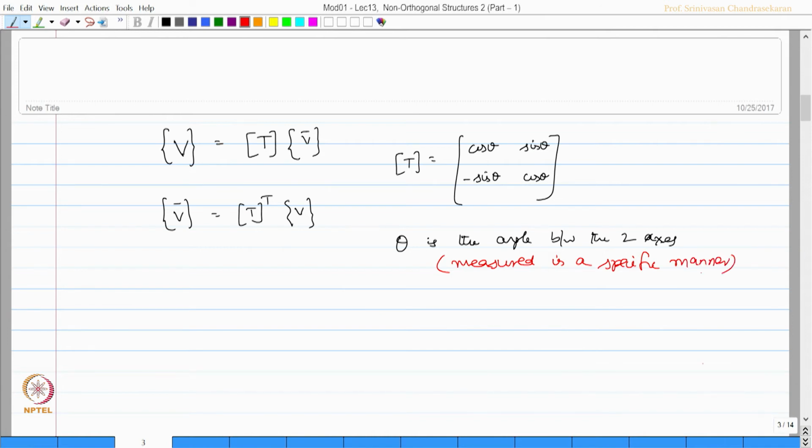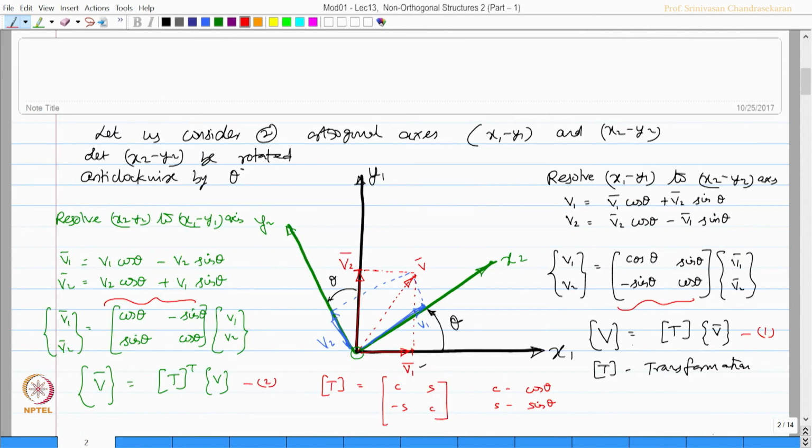What I want you to pay attention to is some specific properties. Let us look at this figure. Whenever we are connecting V bar to V, we are saying T transpose. Whenever we are connecting V to V bar, we say T. And further, V bars are x 1 y 1 and V's are x 2 y 2. So, for any member which is arbitrarily oriented, let us take I have a beam or a column member, or a shaft member arbitrarily oriented, which is similar to or parallel to this.